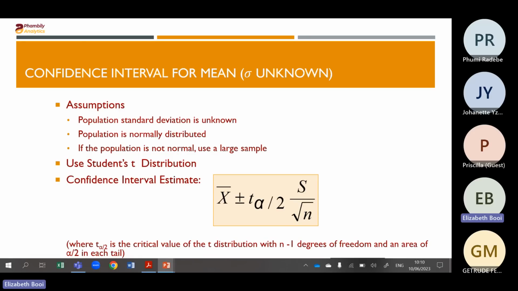But also some of those assumptions that still need to be met is that your population needs to be normally distributed, and if it's not normally distributed, then the sample size needs to be larger.